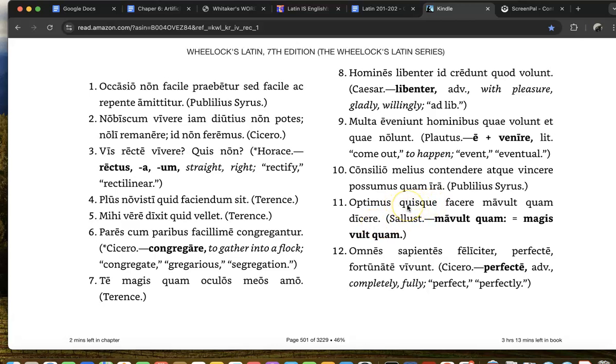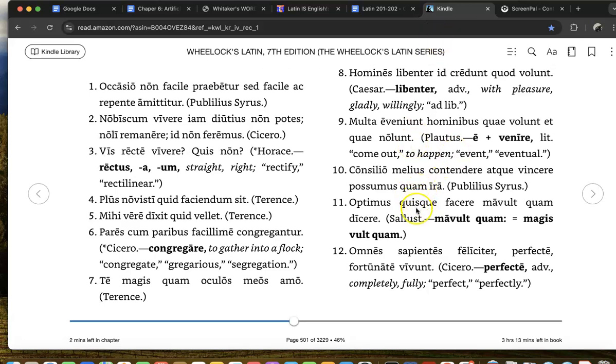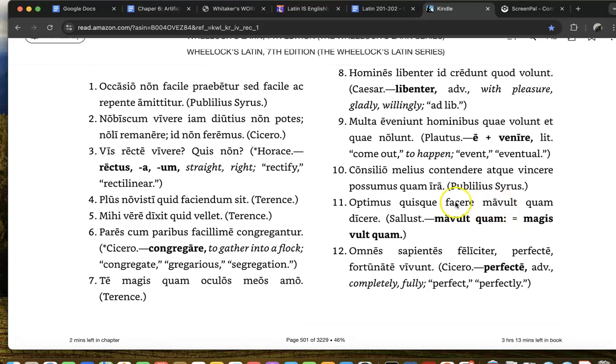So this one's a little bit tricky. So each person is better. This one's, let me, quisque, everyone is best to prefer to do something than to say to do something.